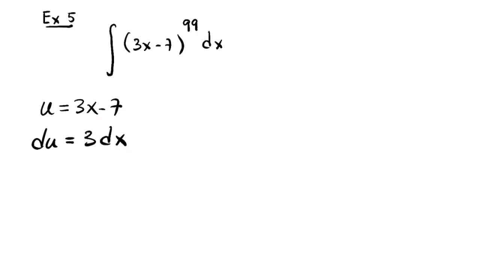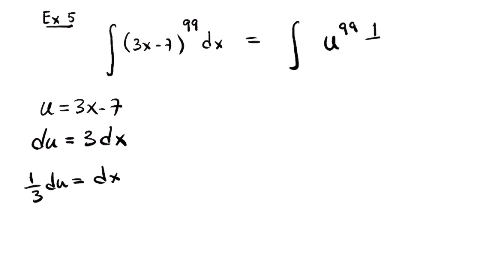All right, so I'm going to do this without the color coding this time. I'm going to write, well, that's u to the 99, and then what's not accounted for? Well, dx. Well, dx is 1/3 of du if I solve my differential form. So that 1/3 du is what replaces my dx. But 1/3 is a constant.